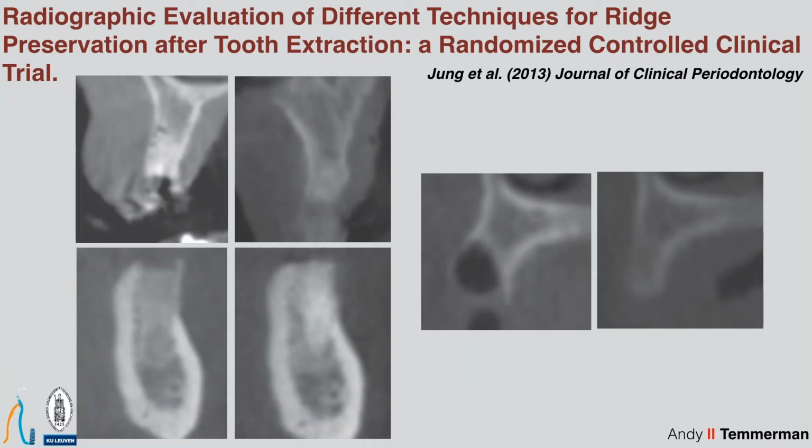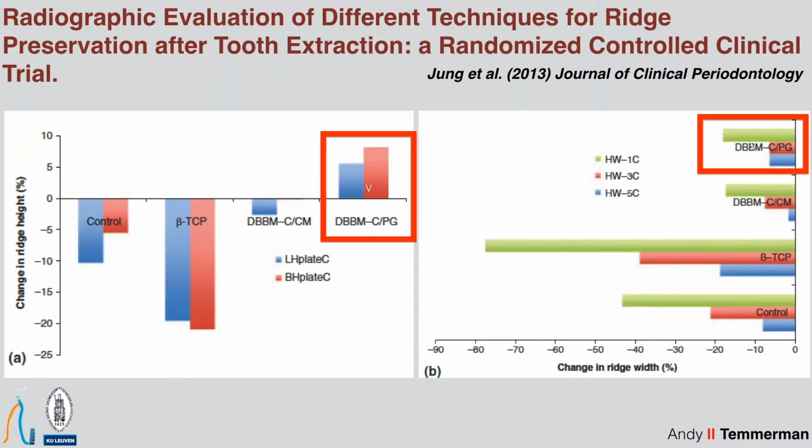Here you can see some cone beam CT images after extractions and after 4 months of healing. And then, of course, he performed some very interesting measurements on that. He had very good results with the DBBM and a soft tissue graft on top, and he was able to reduce the crestal width reduction to approximately 15 to 20%.